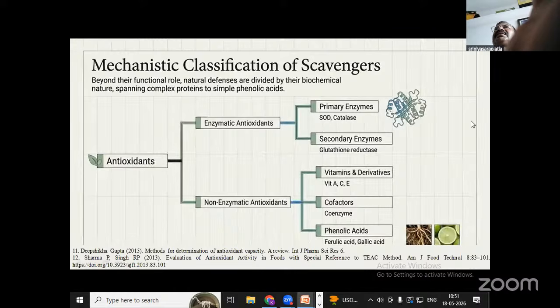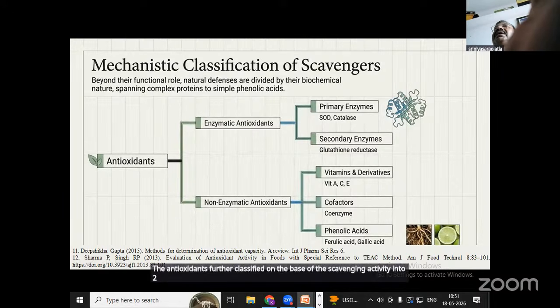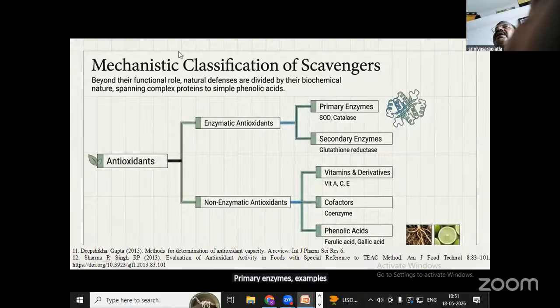The antioxidants are further classified on the basis of scavenging activity into two types: enzymatic antioxidants and non-enzymatic antioxidants. The enzymatic antioxidants are further classified into two types: primary enzymes, examples are SOD and catalase, and secondary enzymes such as glutathione reductase.